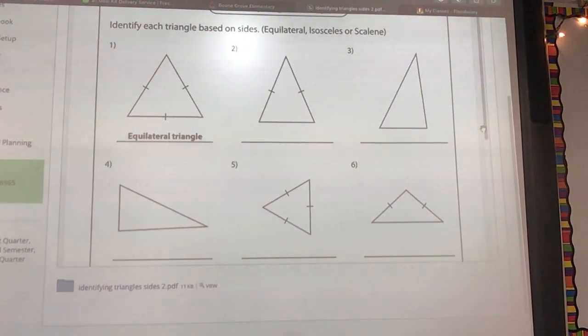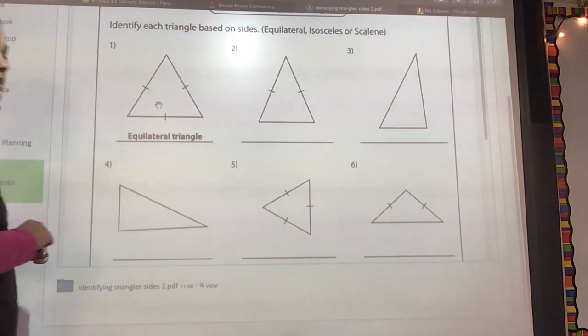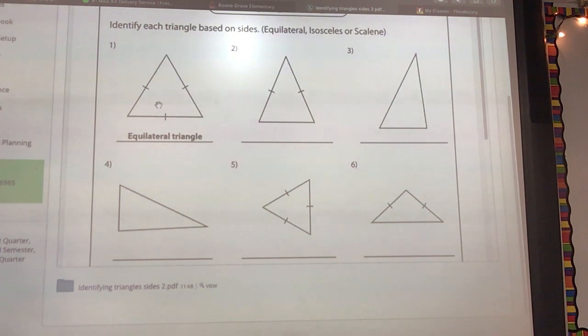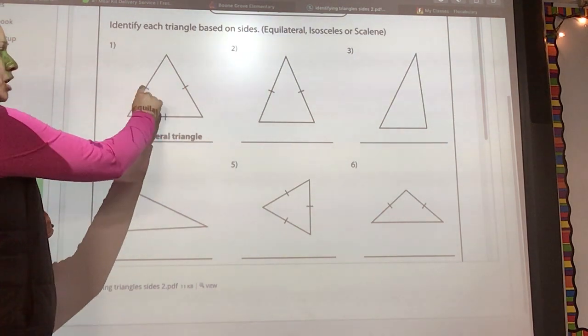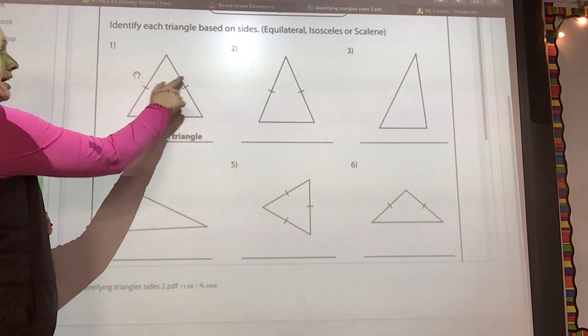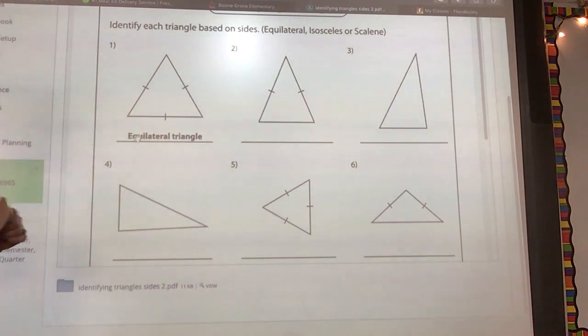And notice these little hash marks on a triangle. If you ever see those hash marks, it's telling you, so you don't have to measure, that those sides are equal. So here we have a hash mark on each side. So when all three sides are equal, what kind of triangle is it? Equilateral.